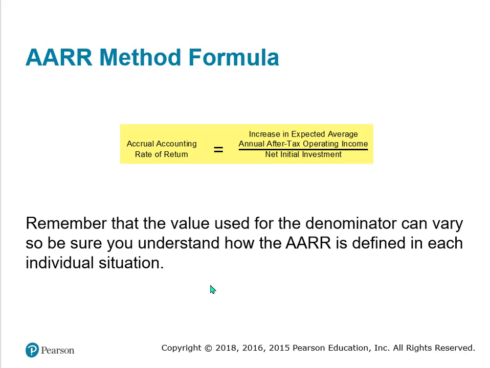Remember that the value used for the denominator can vary, so be sure you understand how the AARR is defined in each individual situation. The formula is the increase in expected average annual after-tax operating income divided by the initial net investment, or whatever measure they have in there.